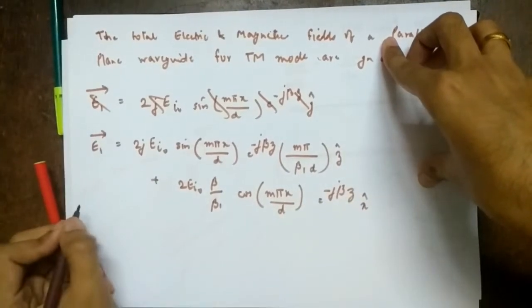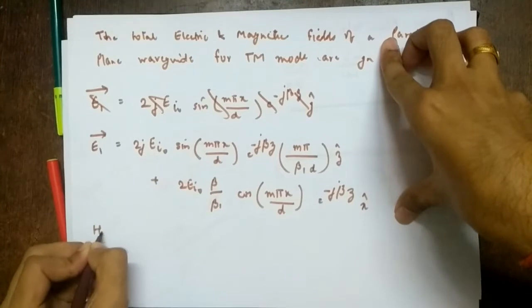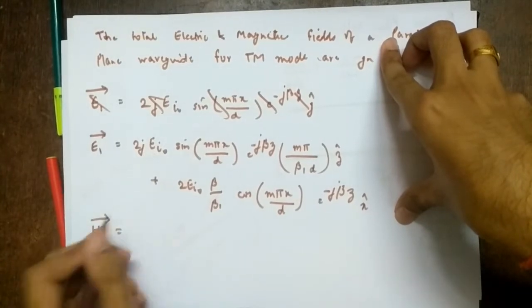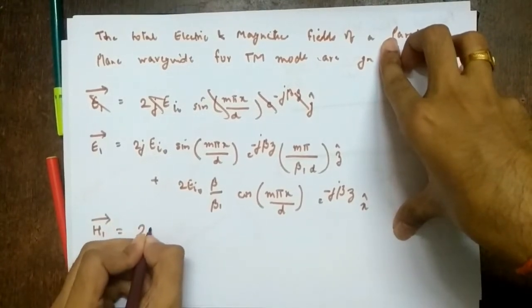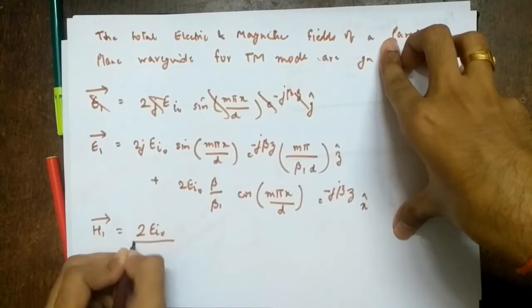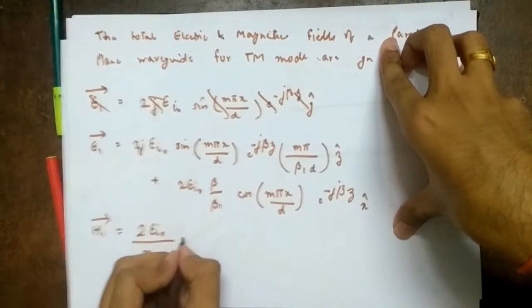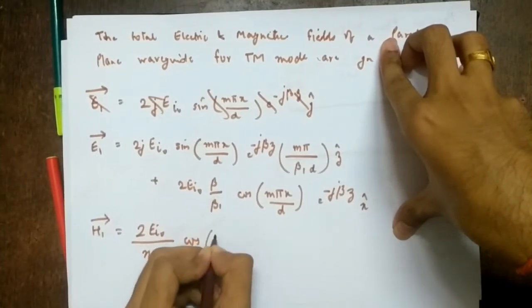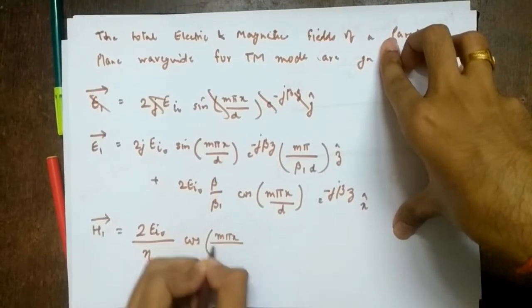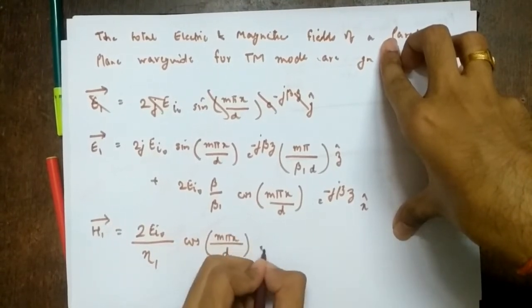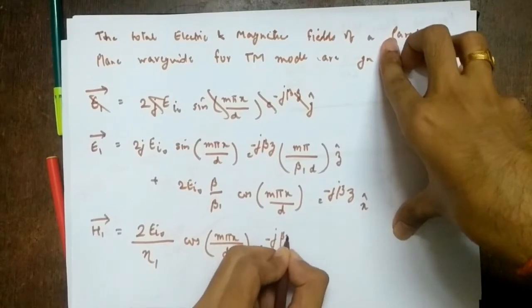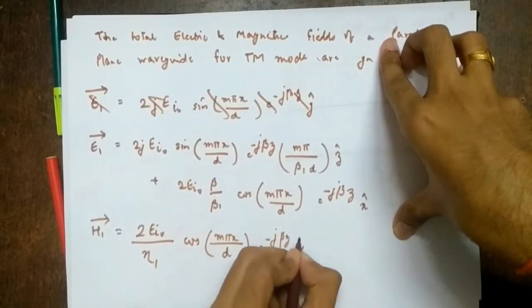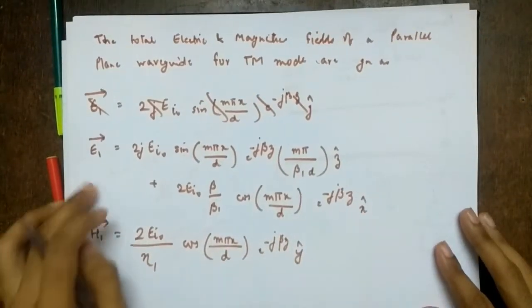This is E1 vector. Let's write H1 vector. H1 vector is 2 Ei naught upon eta 1 cos of m pi x by d e raised to minus j beta z, y cap. Right? So these are for TM mode.